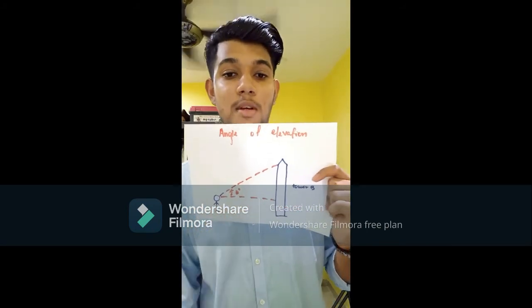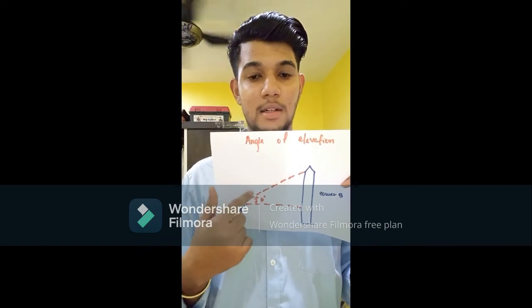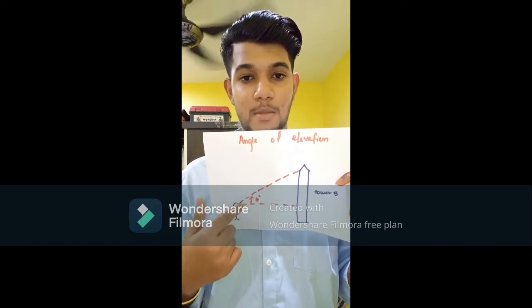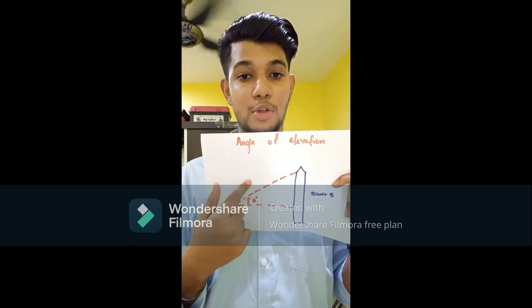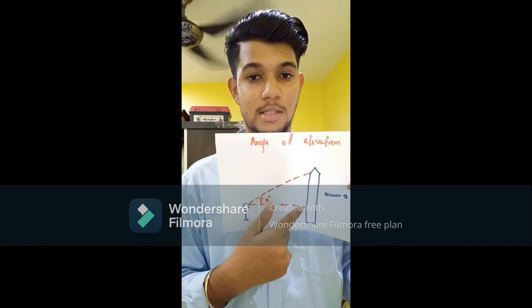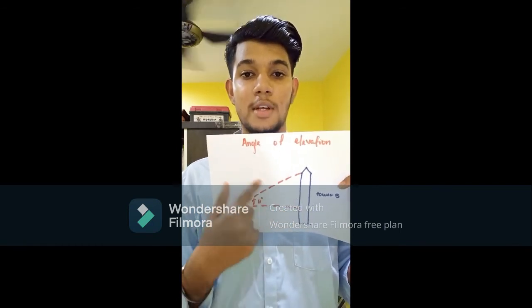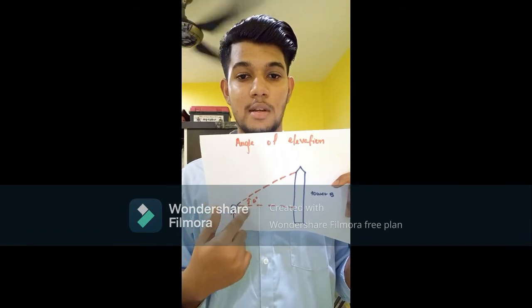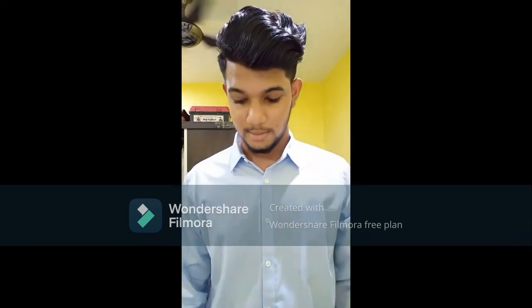So we can use sine to find this angle. For example, sine is opposite over hypotenuse, and this is obviously 90 degrees. So we can use the sine method to solve this boy's problem.